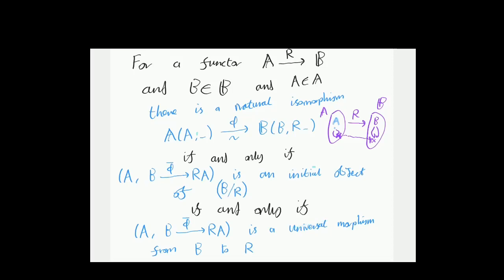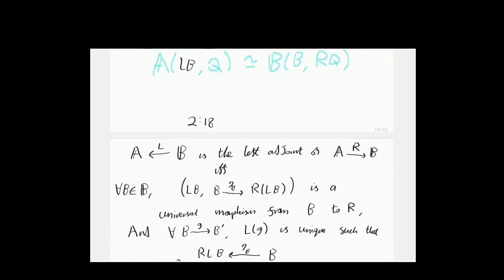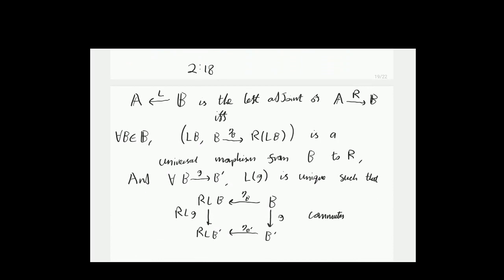Anyway, what we can do now is imagine that this works for every object B in this category scripty B. In that case, there's a universal morphism from B to R for every object capital B, and that's exactly the condition that we need to be able to construct the left adjoint to this functor R. The way all this works, you can see by this condition, which I talk about roughly 2 hours and 18 minutes into my video on adjoint functors.